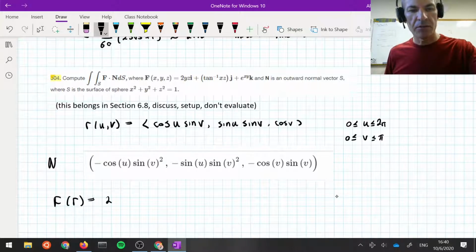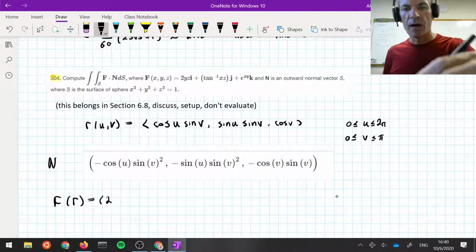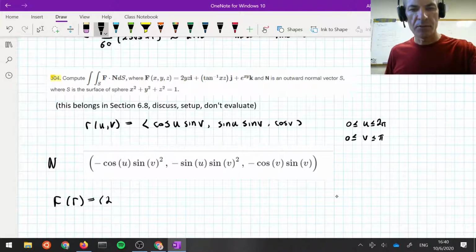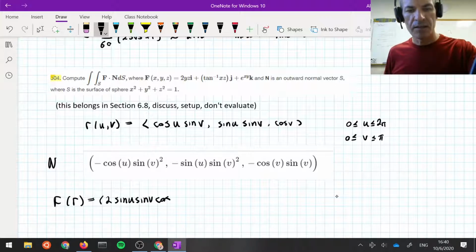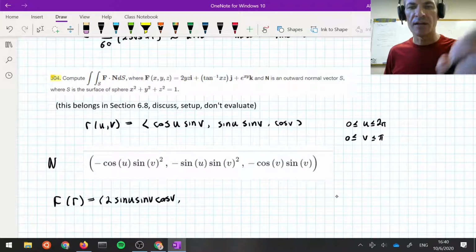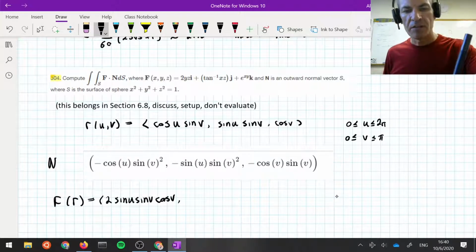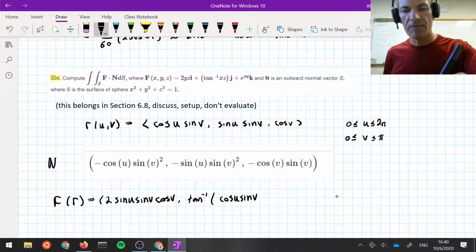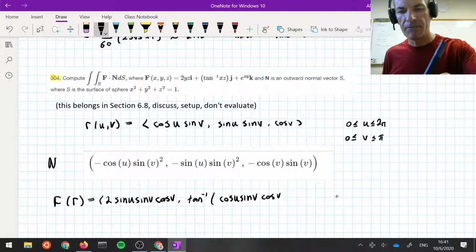So we have 2 times y times z. So 2 sine u sine v cosine v. That is the i component. Then we have the arctangent, and honestly, I'm not even sure whether the z is inside the arctangent or not. I'm just going to assume that it is. So we have tan inverse of the quantity x times z, cosine u sine v times cosine v.